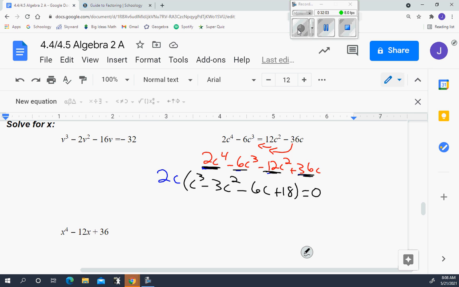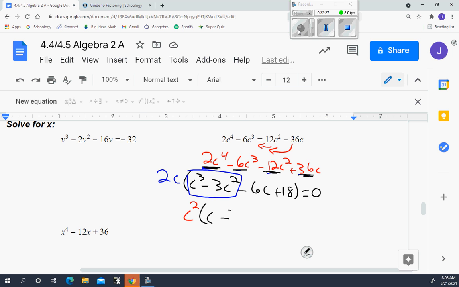Okay. Now, not factored completely. Inside my parentheses, I have 4 terms. I'm going to do the exact same thing. I'm going to factor by grouping. What can I take out of there? I can take out a c squared. What's left?